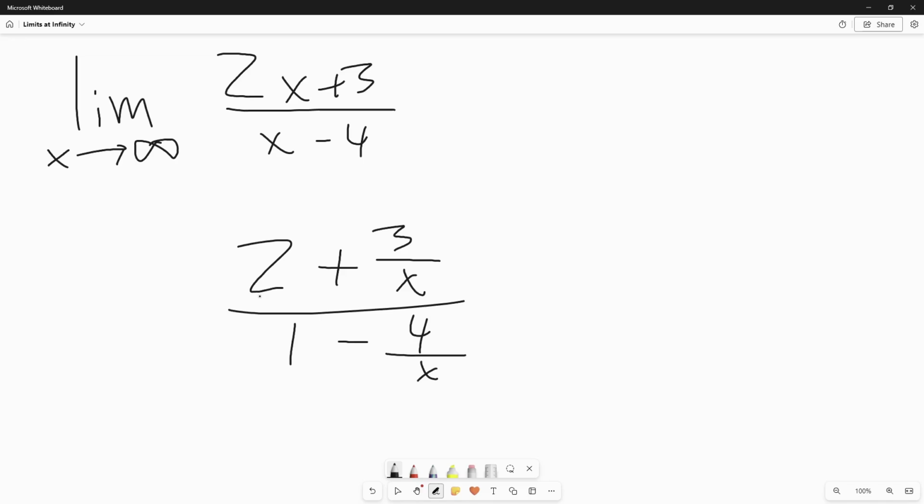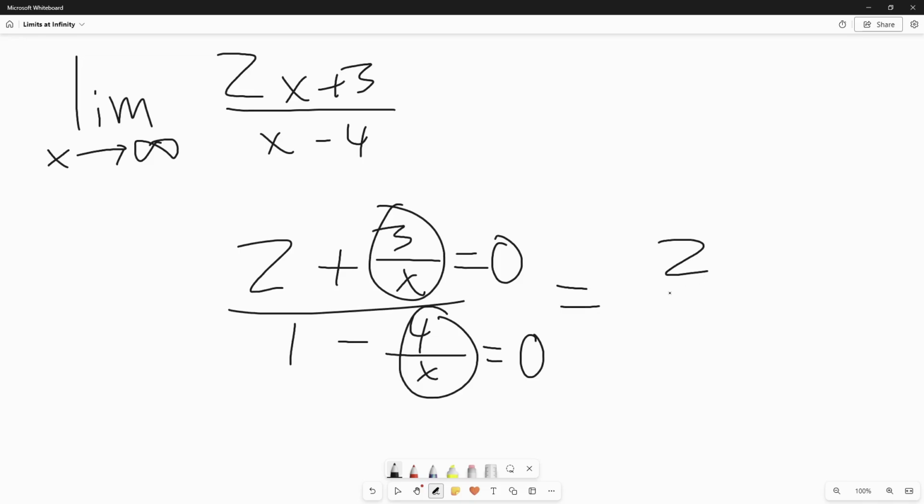And what I can notice is that if we plug in infinity now, well, technically it won't work, but if we think about it, 3 over x as x approaches infinity is just 0, and same for 4 over x. As x gets infinitely big, 3 over x and 4 over x will both approach 0. So technically, this is just 2 over 1, and the limit is just 2. And there you have it.